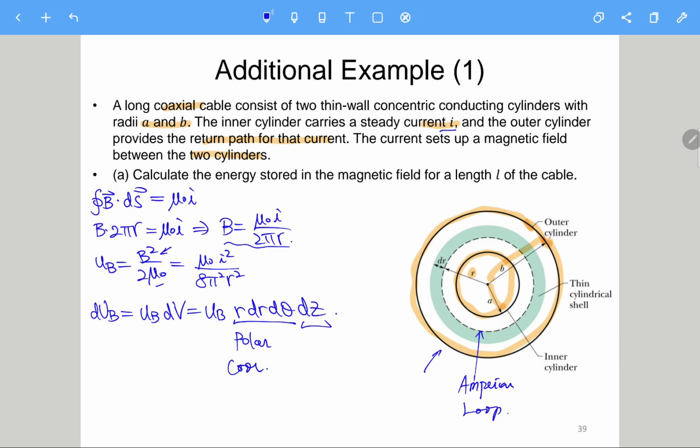So this is the z direction, like in the cylindrical coordinate. So we have dA to be r dr d theta, and then we multiply it by dz, so that this is the area, and then multiplied by the height will be the volume.